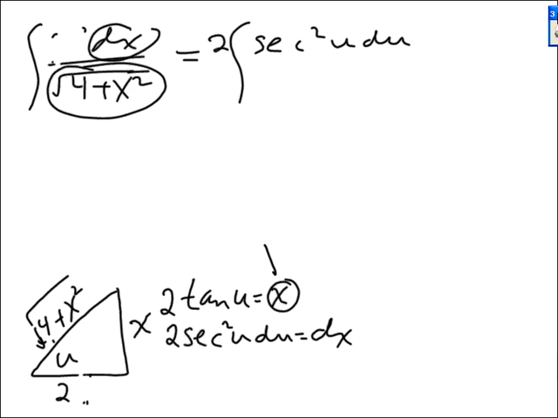Again, you can square both of these sides and add 4.